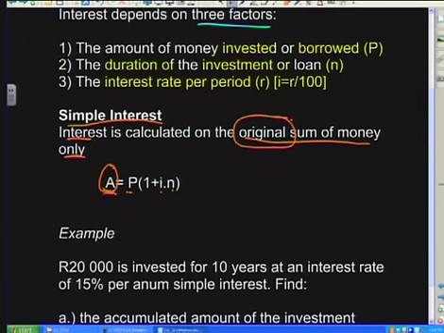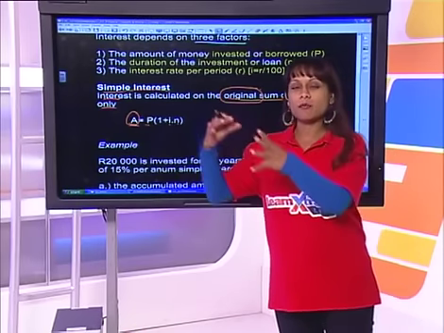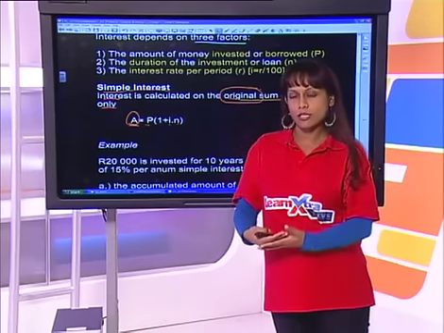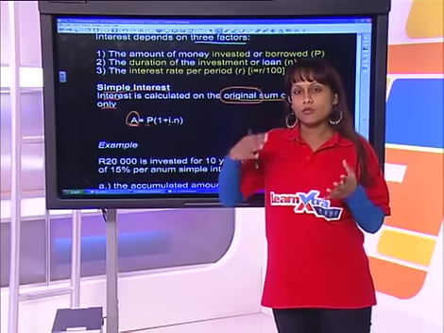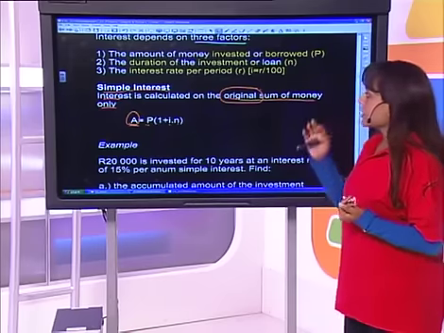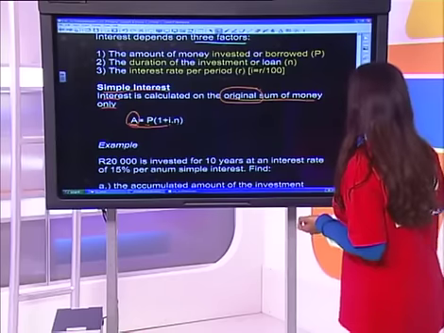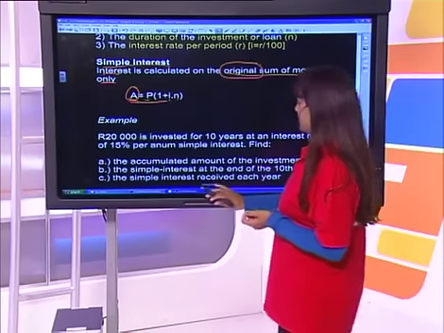So for simple interest, you're basically looking at your original amount and then we're adding interest onto that, and then you get some final amount at the end. But your interest is always calculated on the original amount, which is different, as we'll show you later, from compound interest. So the formula we're going to use in this next example is A is equal to P times 1 plus I times N.